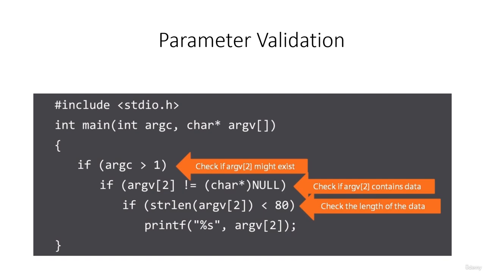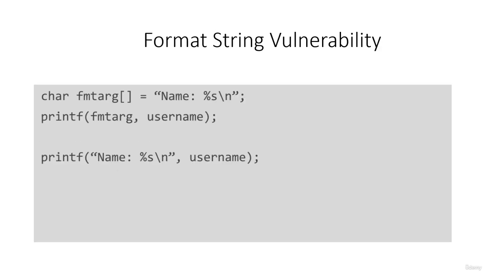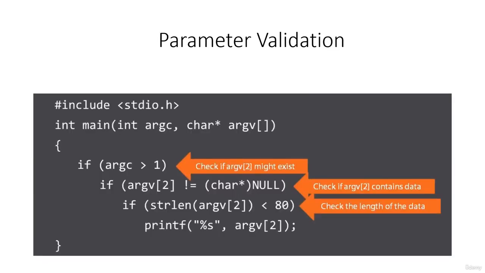If the argc value is greater than 1, then the operating system is telling us that there are at least 3 arguments in the argv array. Next, we check that the third array element actually contains data. If it does, we check that the data is an acceptable length. If all those validation checks are true, then we can call the printf function and pass it the value of the second command line argument to display.